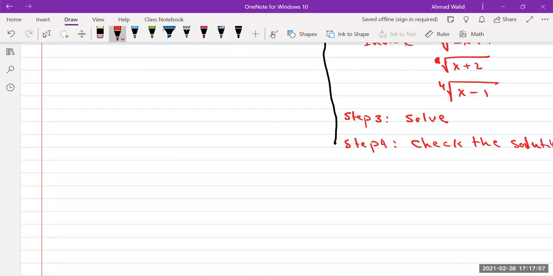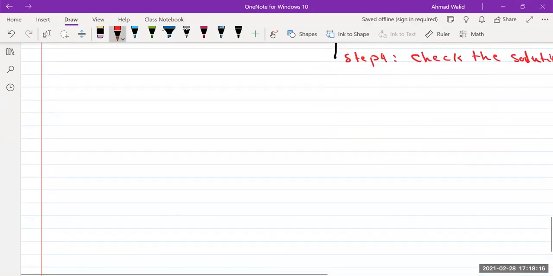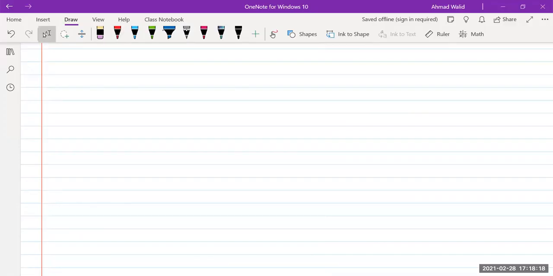Correct? These are the steps that you can use to solve any equation involving radicals, correct? Now I'll do 2 to 3 examples for you to show you how you can deal with equations involving radicals, correct? Example number 1, I'll copy it from your book.